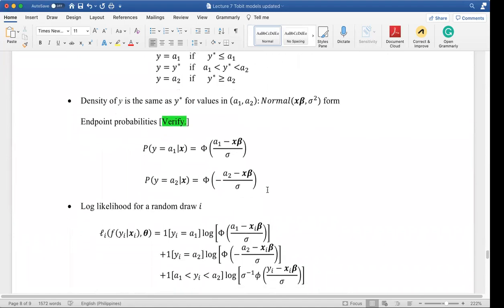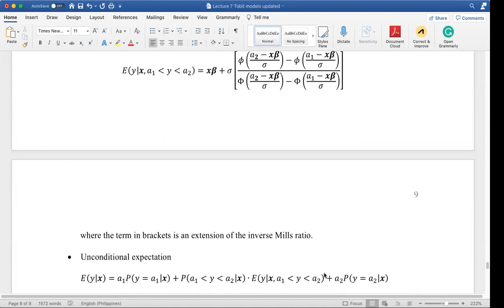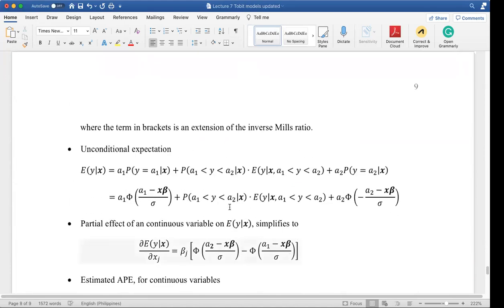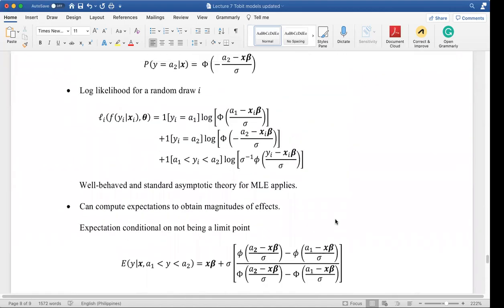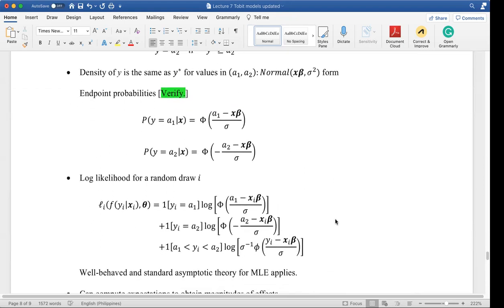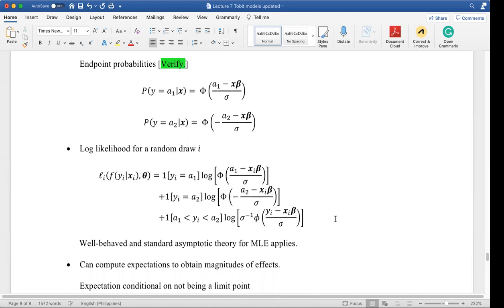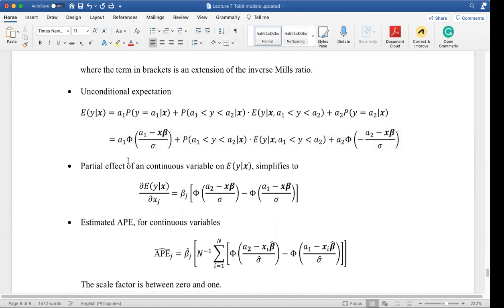That would be the normal; you take advantage of the normal distribution. So it would be this, and then you have the probability that y is between a1 and a2. Anyway, you can fill up these expressions from what we have derived earlier.